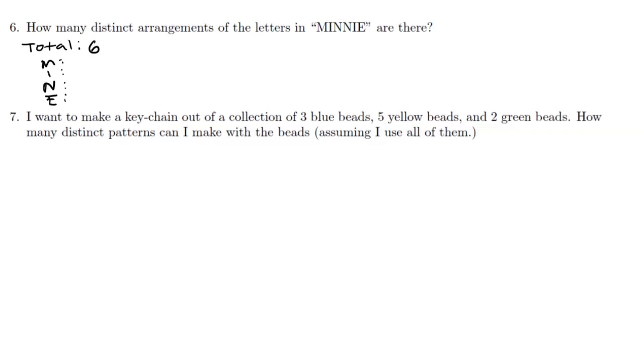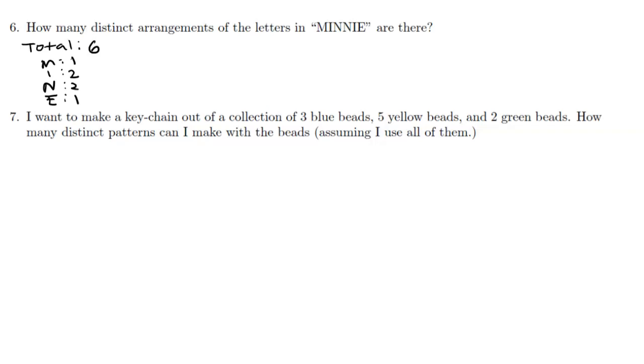We need to know how many of each there are, which we can see there's 1 M, 2 I's, 2 N's, and 1 E. And we can just double check. Yep, 1 plus 2 plus 2 plus 1 is 6. So that is all of the letters.